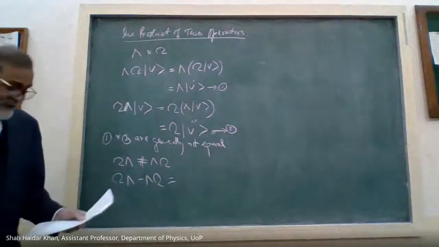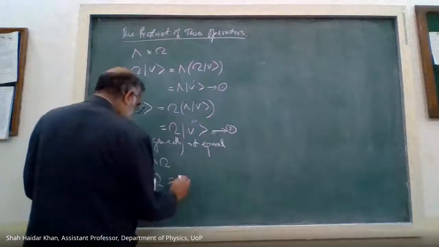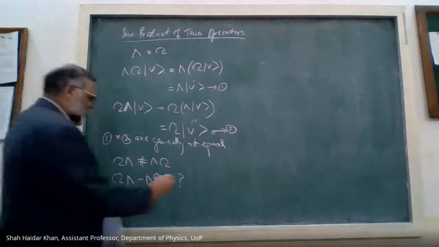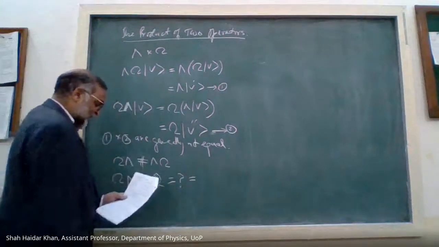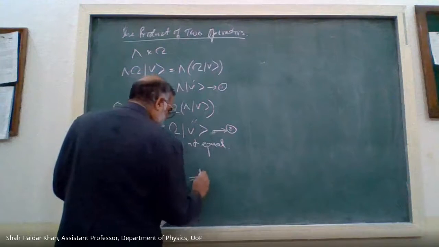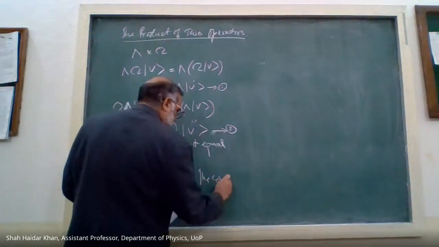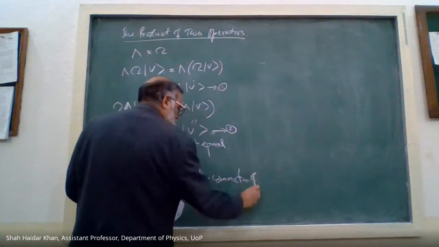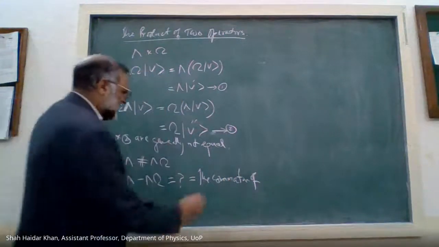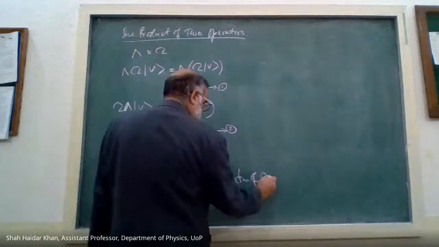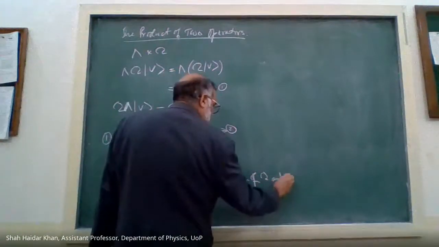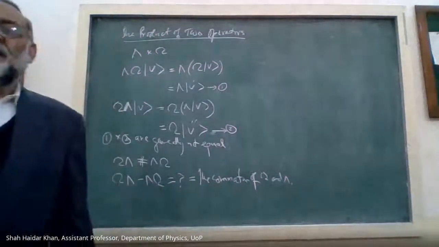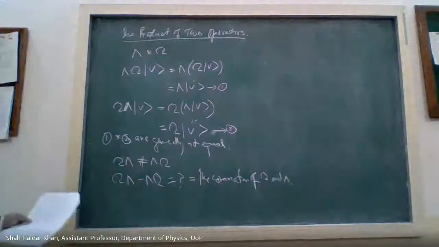Whatever it comes out to be, we call this thing the commutator of omega and lambda.